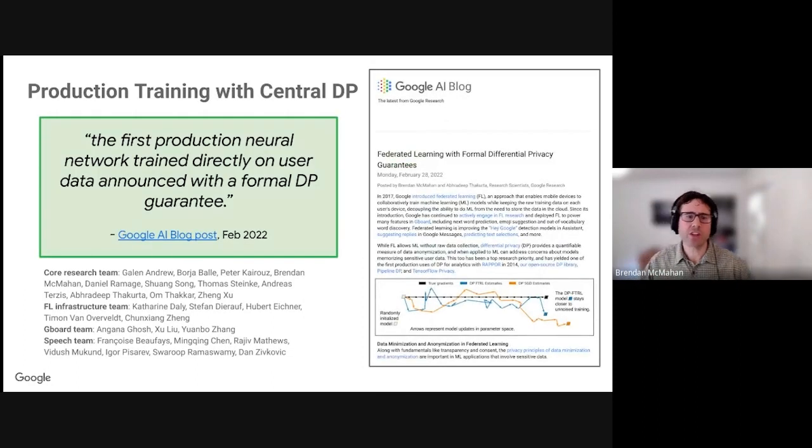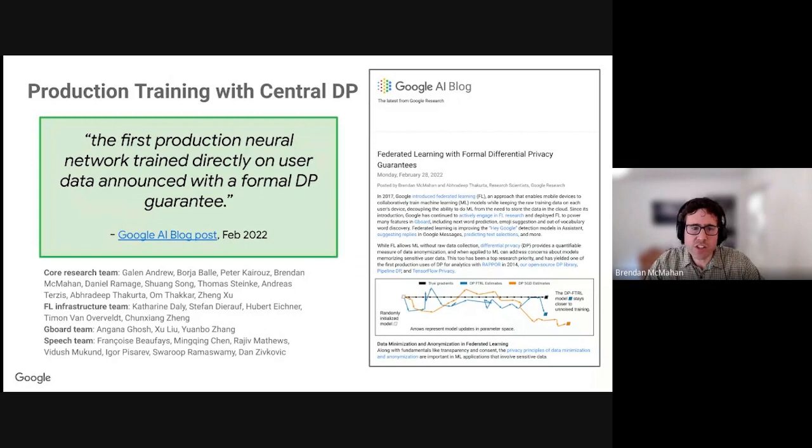So putting some of these observations together, along with some important algorithmic improvements, we were able to launch what we think was the first production neural network trained directly on user data and announced with a formal DP guarantee. So I think this is a really big milestone accomplished by collaborations across a bunch of teams at Google.